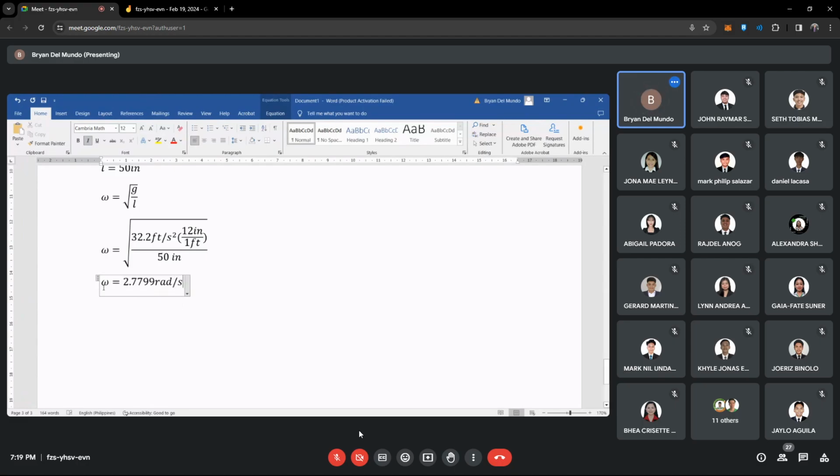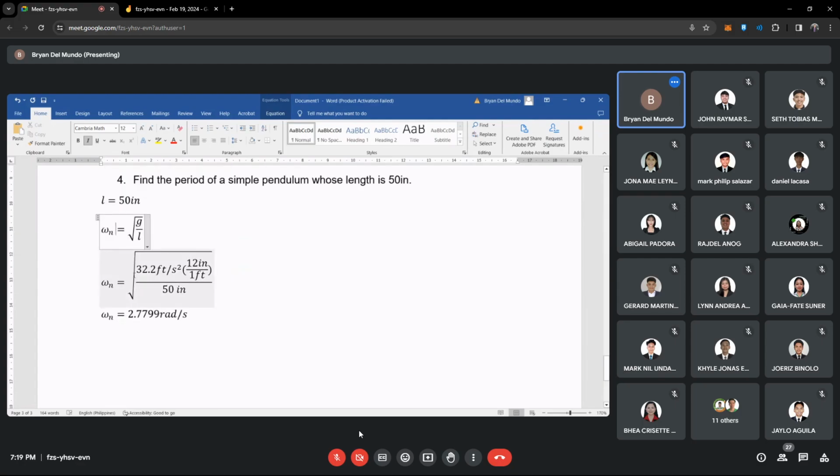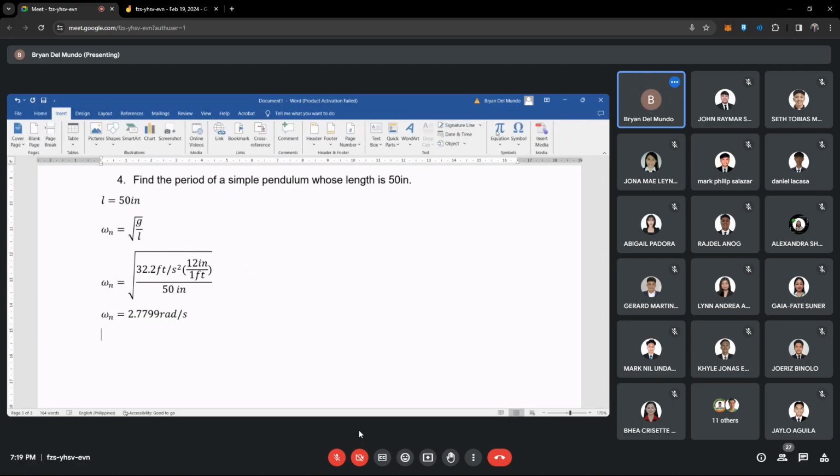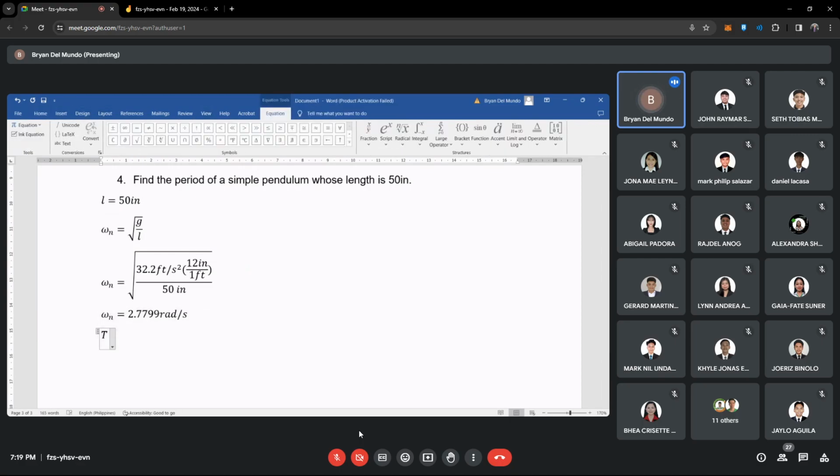So since we have here our value of omega n, we're just going to solve for period. So pwede na natin isolve si period. So for the formula ng period, meron tayong T is equivalent to 2 pi over omega n.